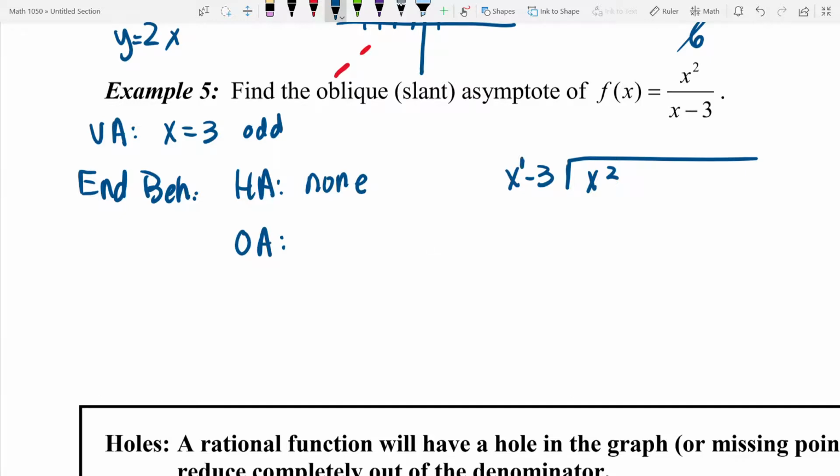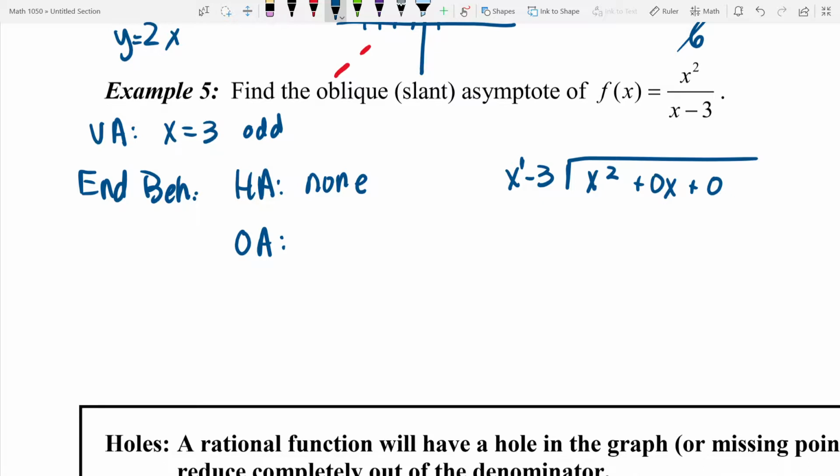This exponent is a 1. So I have to have an x to the first, and I have to have a constant, and I do. Look at the inside. All I have is an x to the second. So what am I missing? An x and a constant. So I have to fill in plus 0x plus 0. Those are just placeholders. They're going to help my long division go smoothly.